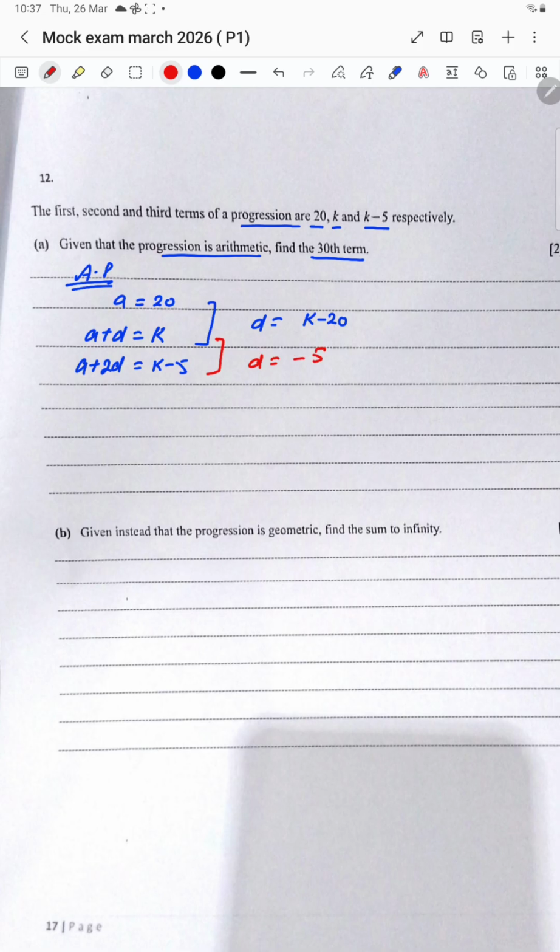So the common difference is the same, d is equal to minus 5. As for AP, d1 is equal to d2, so k minus 20 equals minus 5, so k is equal to 15. This is the value of k.